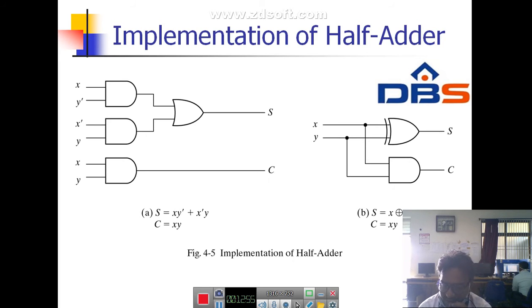In this one-to-one mapping, each input code word produces a different code word. That means the decoder has n inputs and 2 power n output code words.